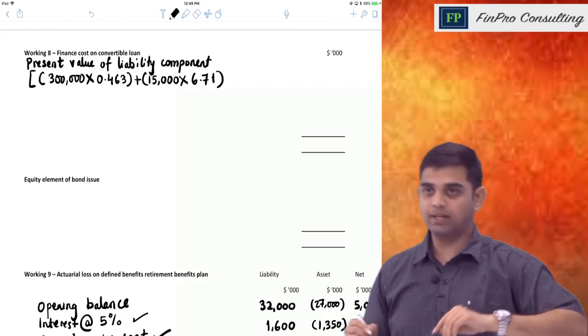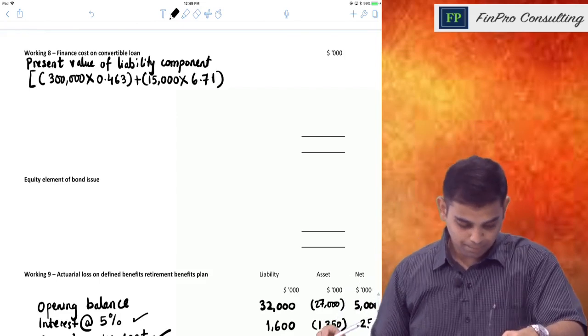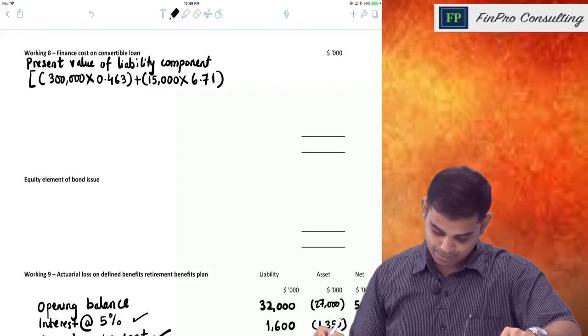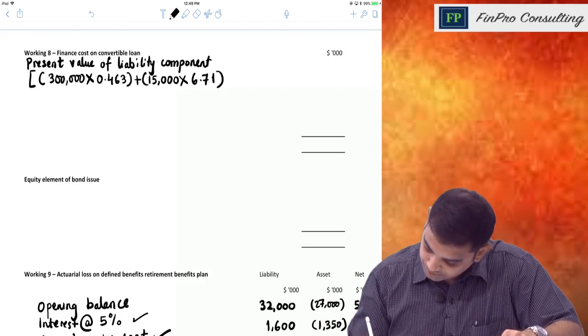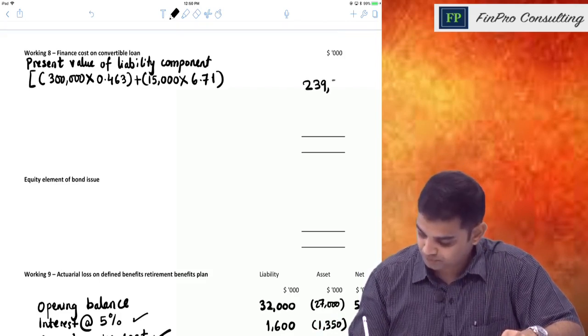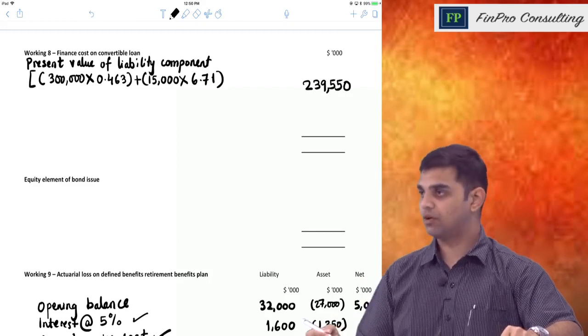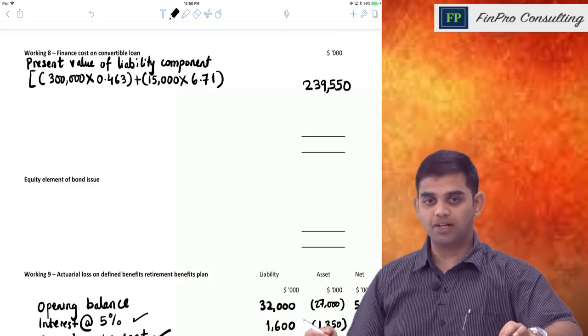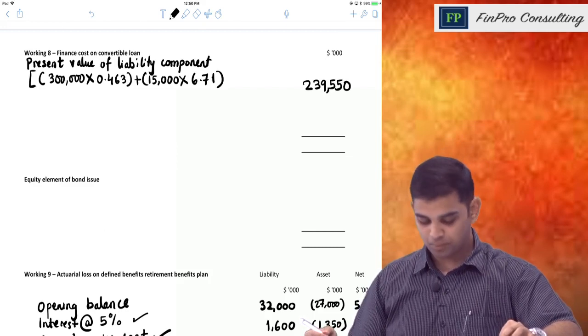So what is the liability element? 239,550. Okay, so that is the present value of the liability component.